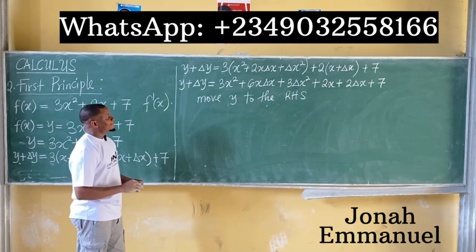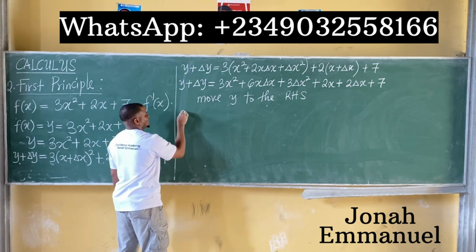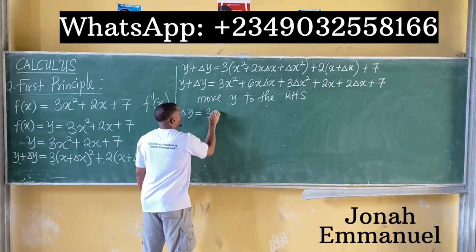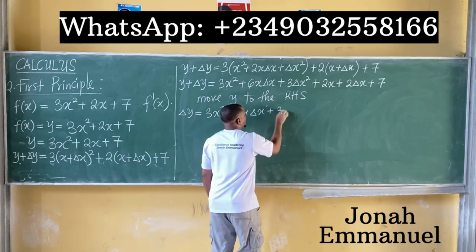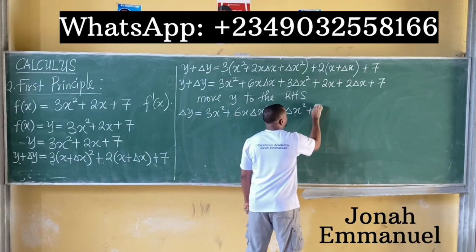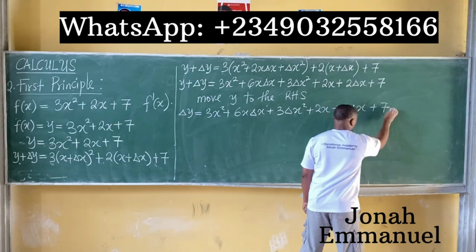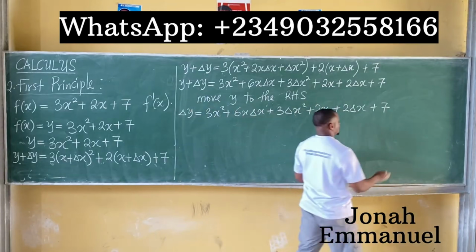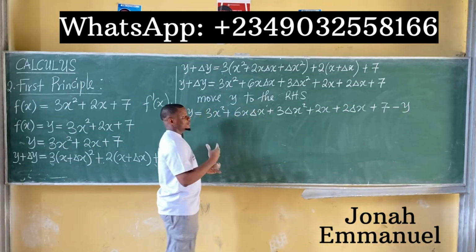So if I move this over here, change in y is equal to 3x squared plus 6x change in x plus 3 change in x squared plus 2x plus 2 change in x plus 7. Then move y over here, it becomes minus y. No big deal.